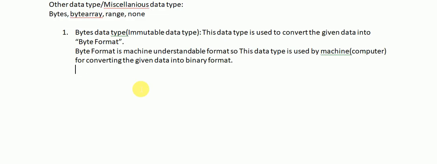Okay, so what is an immutable object? Immutable objects are the objects that cannot be changed. So a bytes object cannot be changed.